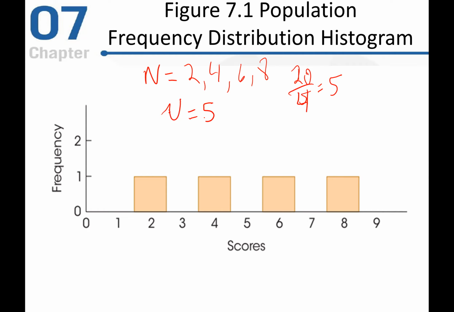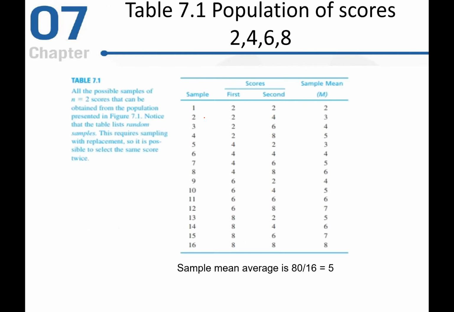All right, so we're going to continue to work with this. Add it all up, the population mean is 5, and we're dealing with a population of scores. Now let's say, for that same population of scores, 2, 4, 6, 8, with a mean of 5, we take samples of sample size 2, and we take all the possible samples of size 2 from this population.